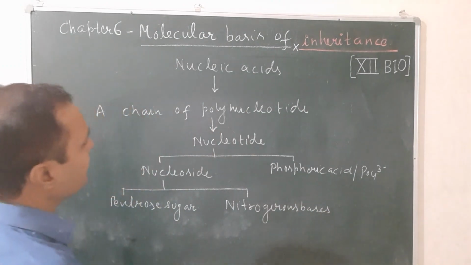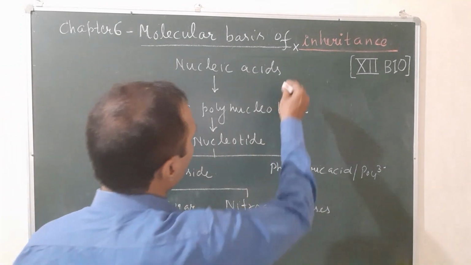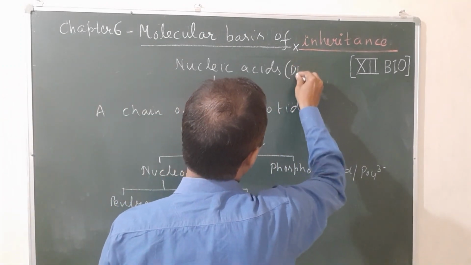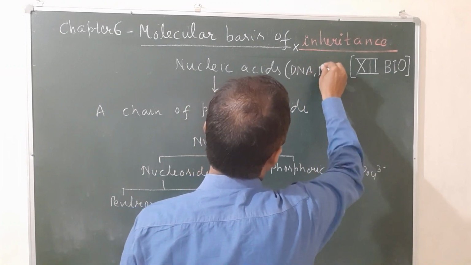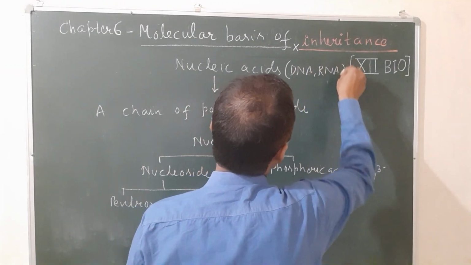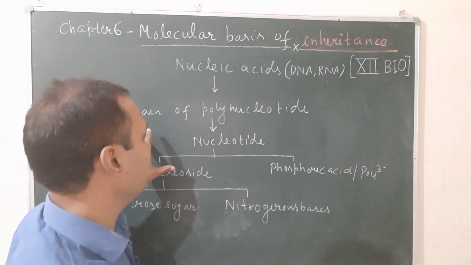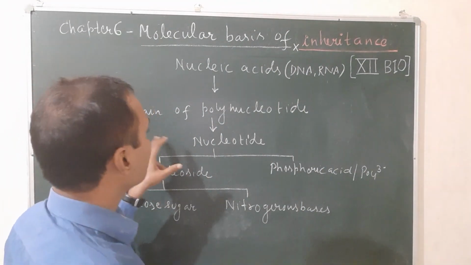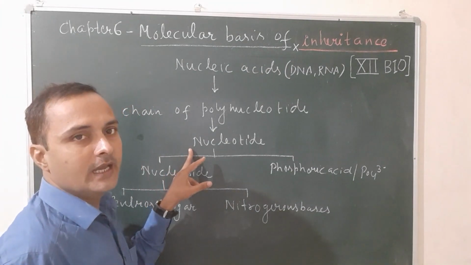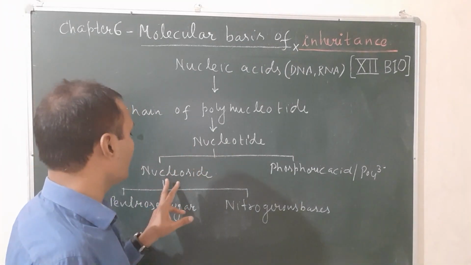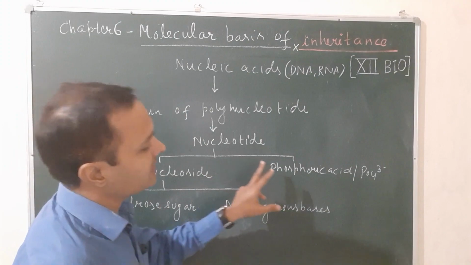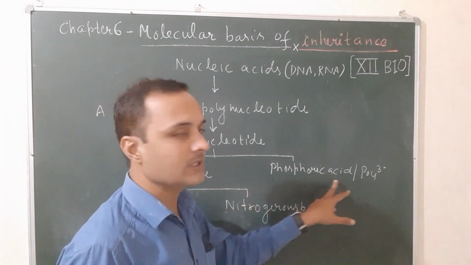So let us see once again. Nucleic acids are of two types, you know well, DNA and RNA. Each nucleic acid consists of a chain of polynucleotide, and this polynucleotide consists of nucleotides, and each nucleotide consists of two components, nucleoside and phosphate or phosphoric acid.